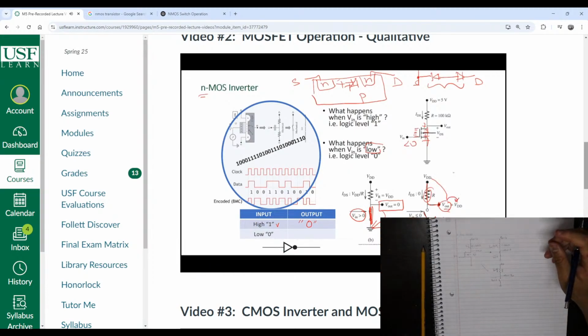So my output, and remember, usually my high is 5 volts. So my output will be equal to that. Positive 5 will be high, and therefore my output will be 1.